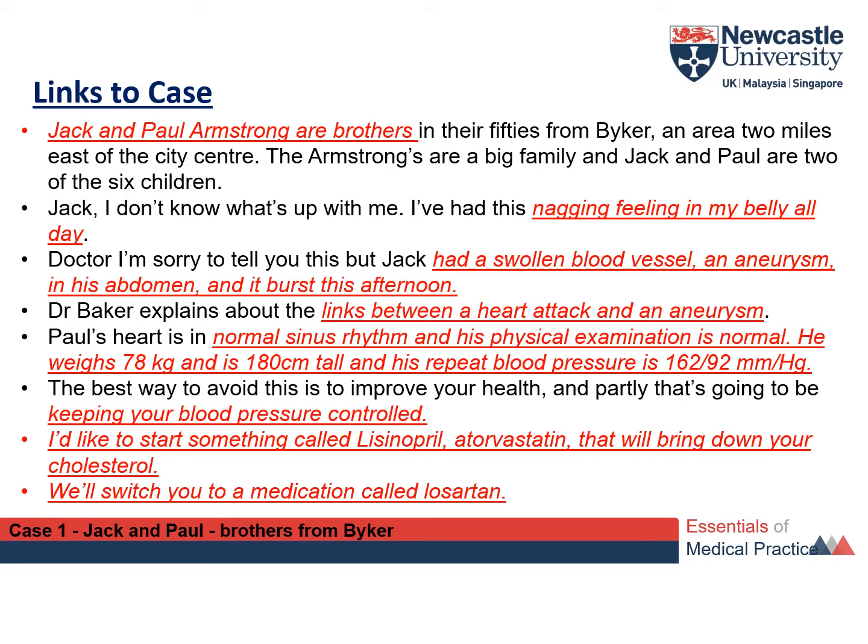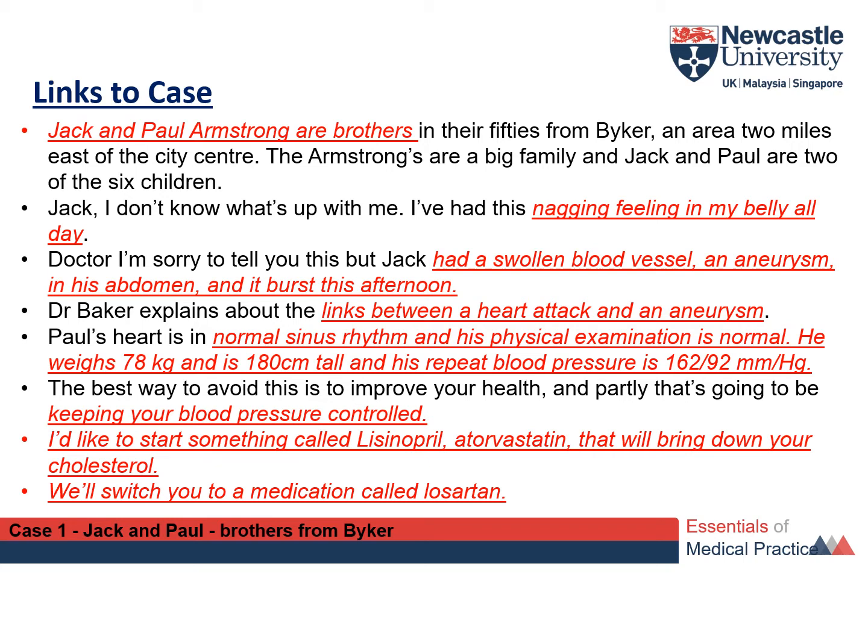Another thing to take note of, guys, is when Jack died, Paul was sad, and he was curious whether he could also have the disease that Jack had. Can he also die of abdominal aneurysm?